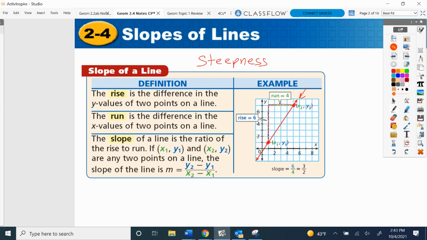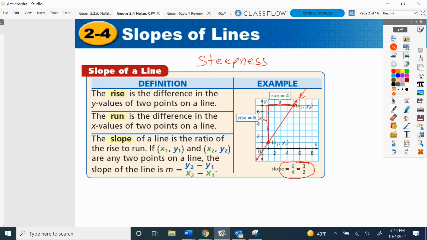It should be a review from middle school math and even some Algebra 1 from last year. We can find the slope using the rise and run. So we would get a ratio, a fraction that expresses what the slope is. That's one way to find it, by looking at it on a graph.